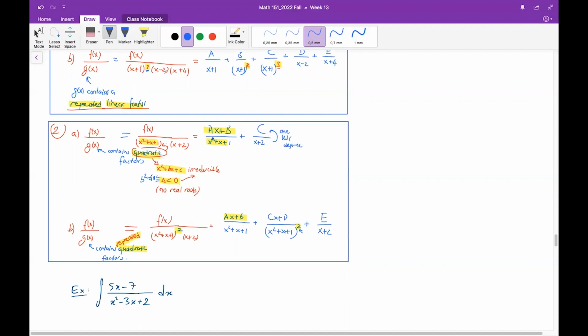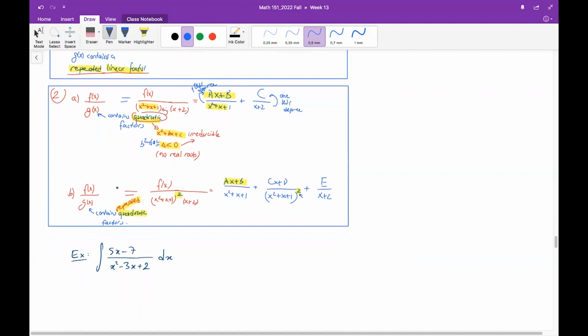This is degree 2, so you put a degree 1 form. The last case is when the denominator contains repeated quadratic factors. You know what to do when it is repeated: you keep writing the terms with the rule applied, up to the exact power given in the denominator.